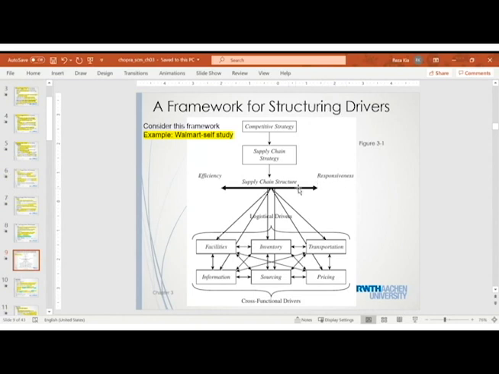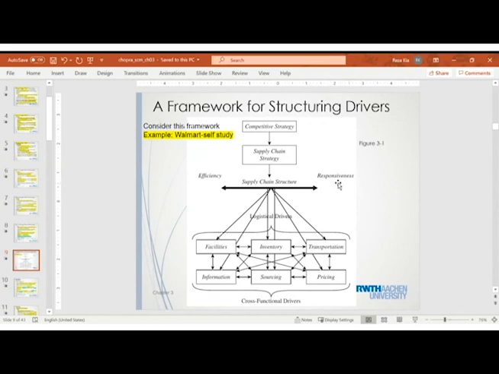As you remember, you have discussed responsiveness and efficiency in designing supply chain strategy based on the uncertainty that you are facing in a supply chain. If it's a low level of uncertainty, the supply chain should be efficient. If you are facing a high level of uncertainty, the supply chain should be responsive.